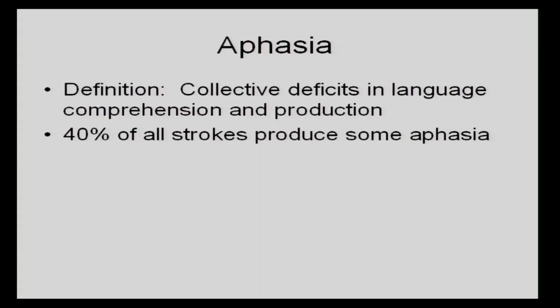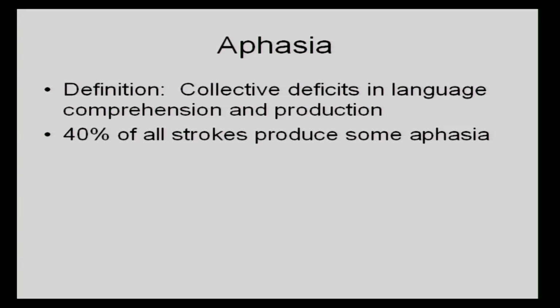Okay, so just like in declarative memory function, just like in fear memory function of the amygdala, just like in executive memory function, the study of language has benefited from patients with brain damage. Aphasia is a collective deficit in language comprehension and production. So these brain areas that we're going to talk about have dual capacities.